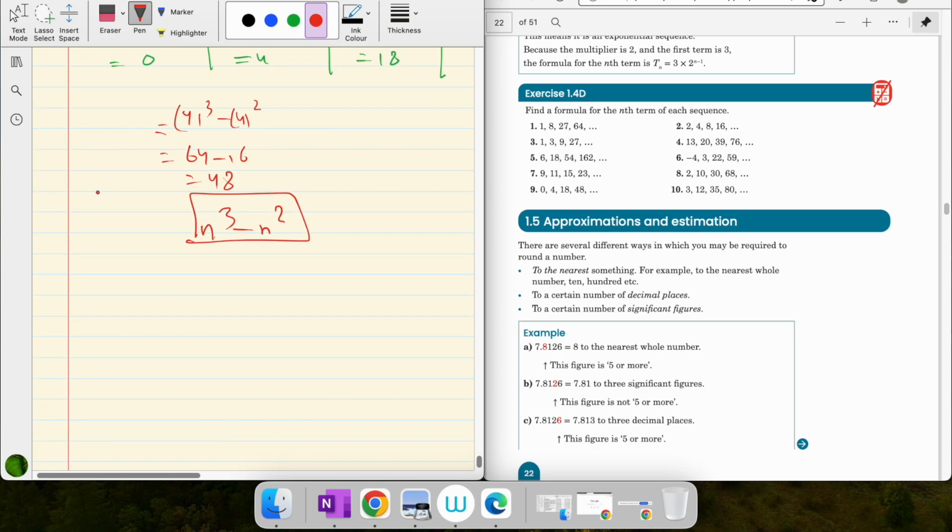Last one. Question number 10. 3, 12, 35 and 80.